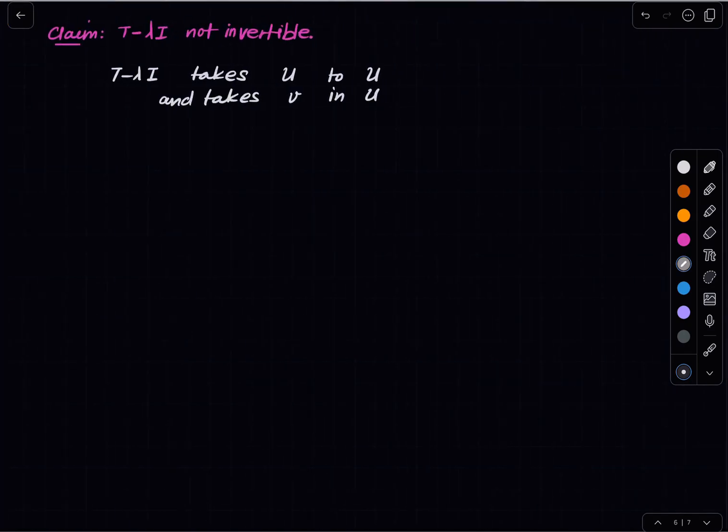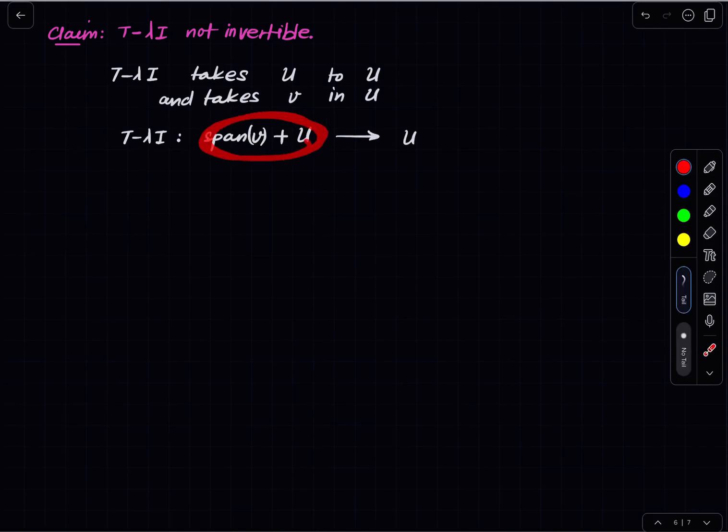So with that deduction and with these two things in hand, we see that T minus lambda I is a map from span v plus U to U. It takes span v plus U inside U. So it is taking a three-dimensional thing into a two-dimensional thing. Right?